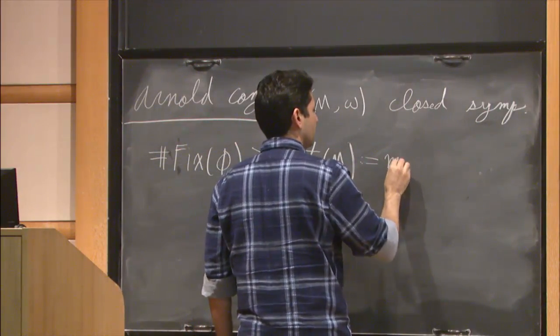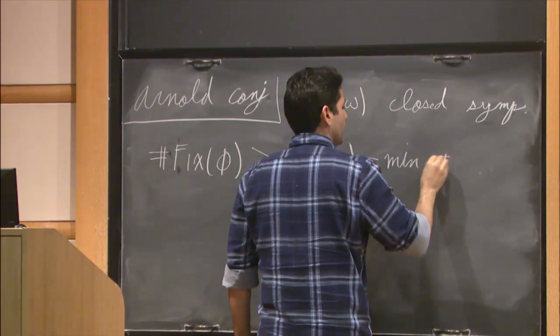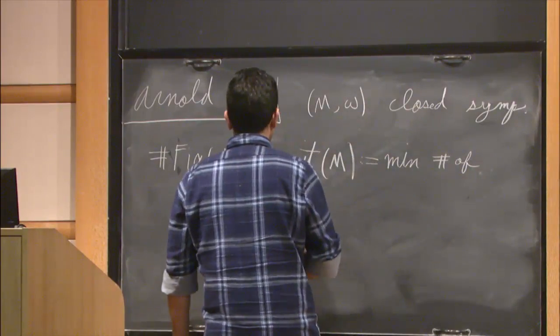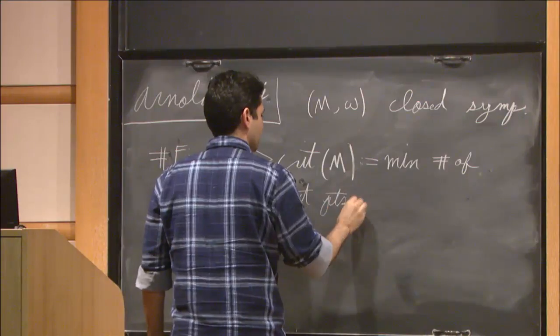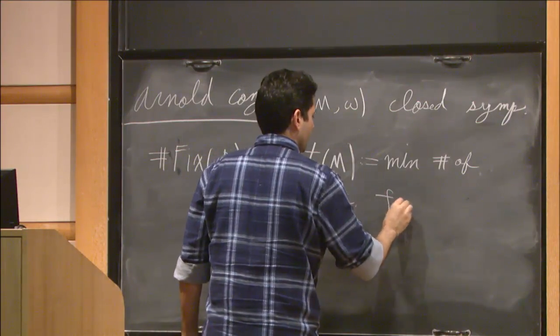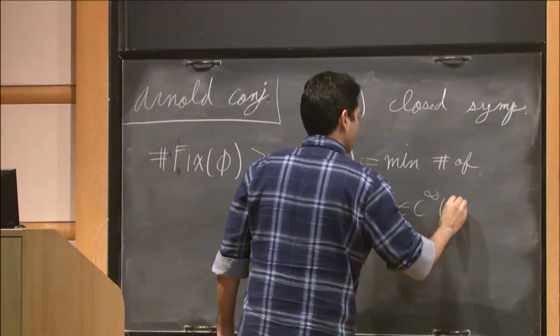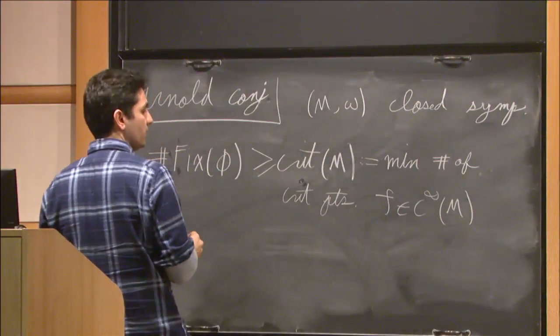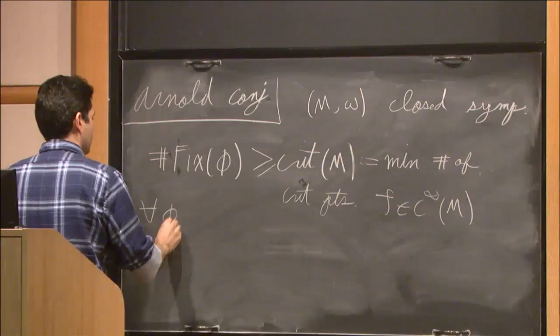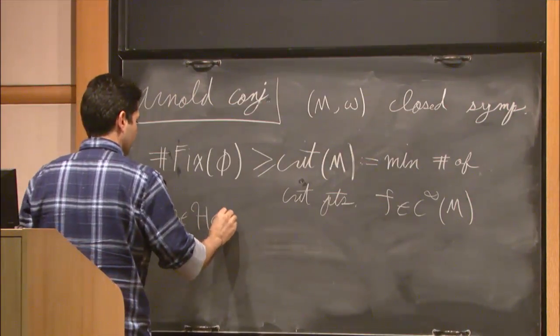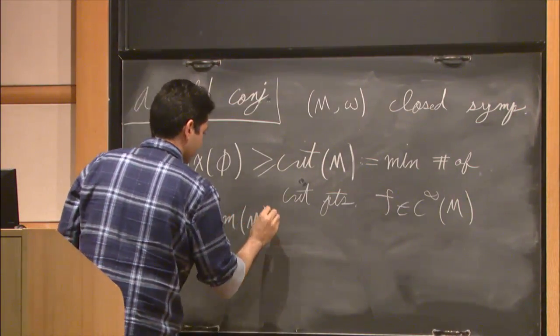It's the minimal number of critical points of a smooth function f. And he conjectured this is true for all phi in Ham, the group of Hamiltonian diffeomorphisms.